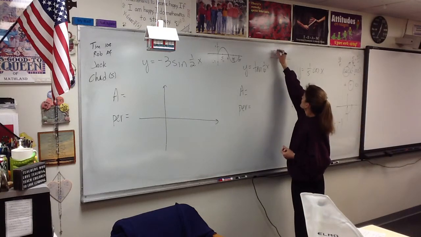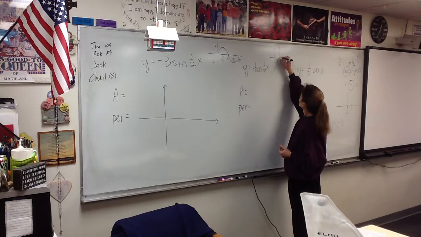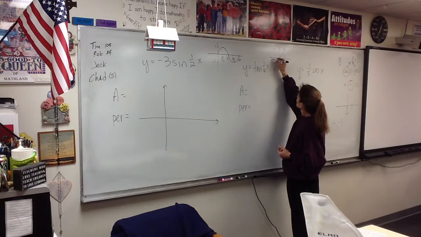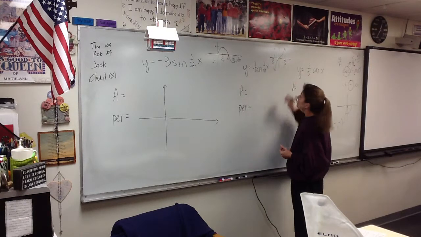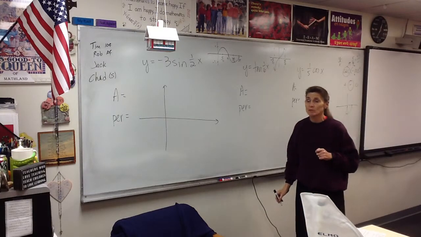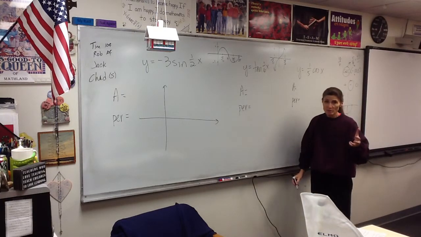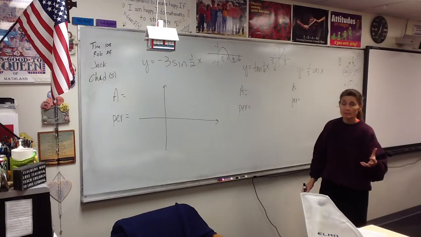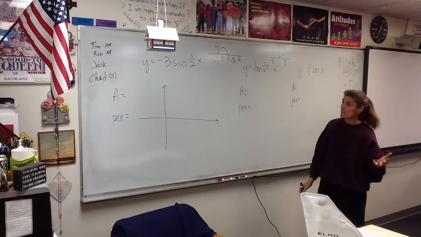This is my basic tangent curve. You need to know it. These are in your note sheets. They were the very first graphs we did, so you can always keep that note sheet by your side while you're doing your homework. Not going to have it on test or quiz. You're going to need to know it then.